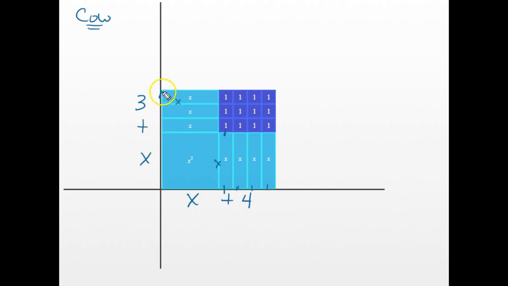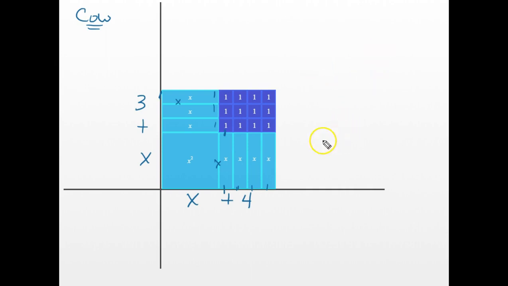Same thing over here. If this side length is 1 foot for each of these rectangles, then I know that this side length is also going to be 1 foot, 1 foot, 1 foot. And so for my little squares, their dimensions are 1 foot by 1 foot, which gives me 1 square foot.